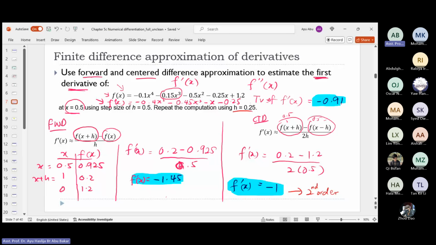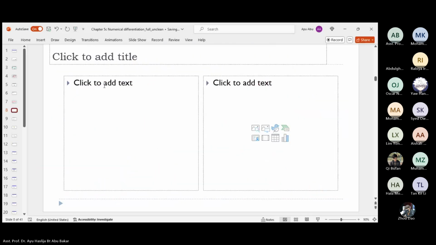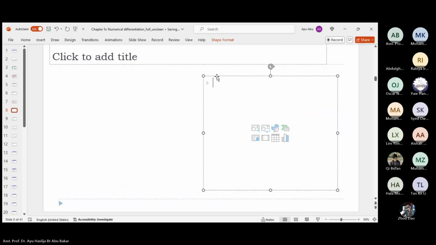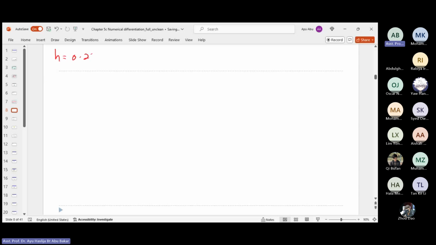The h value, the x will be different, f(x) also will be different because h here is 0.25. Arrange your data first. f(x), h 0.25.